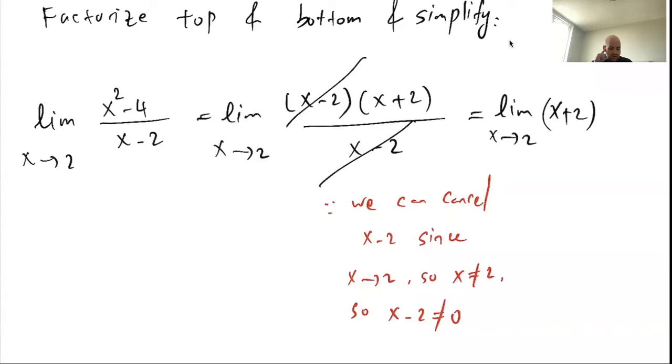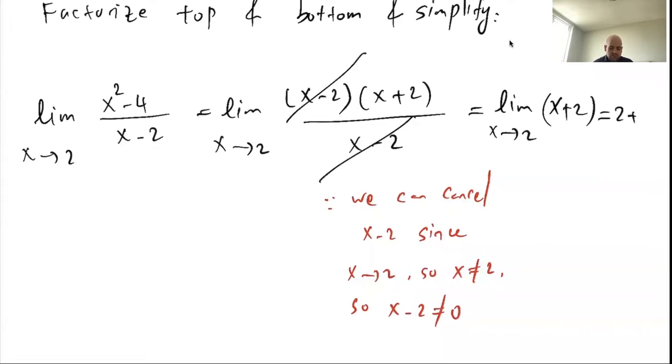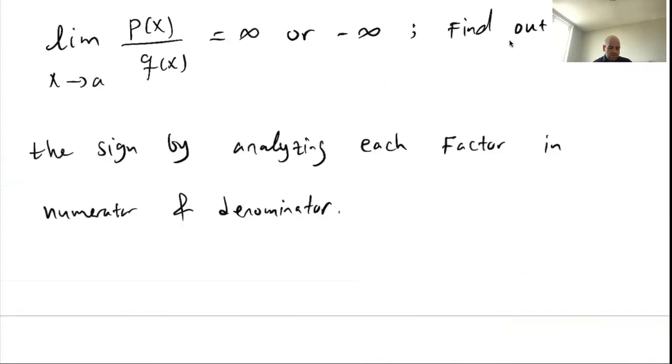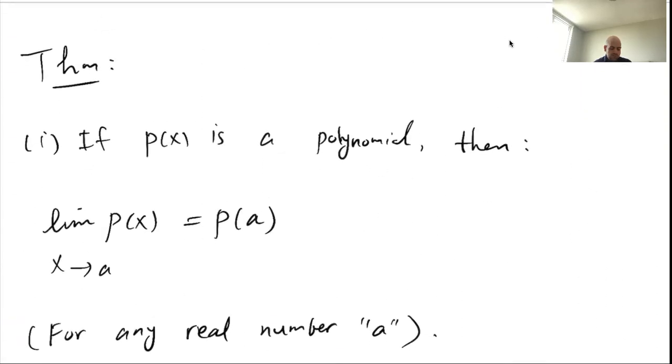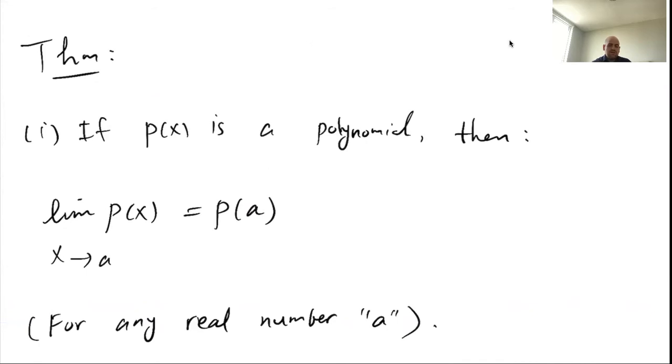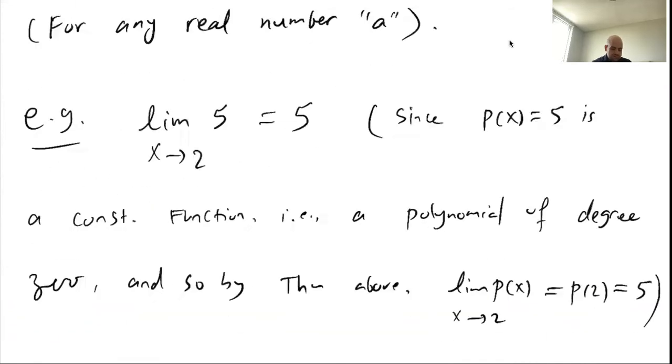Now this is a polynomial, and for a polynomial, we already know how to calculate the limit. So this is 2 plus 2, which is 4, because x plus 2 is a polynomial. Again, remember the very first rule we mentioned: if we have a polynomial, to calculate the limit, simply replace x with a.